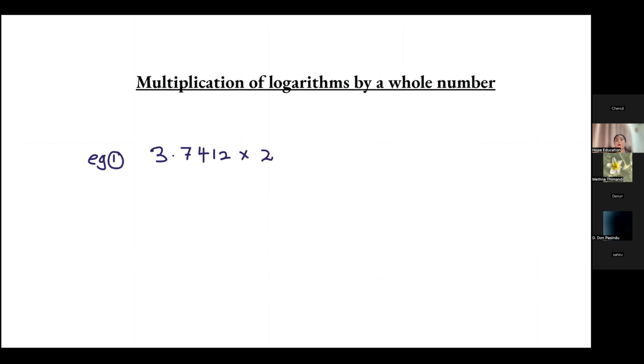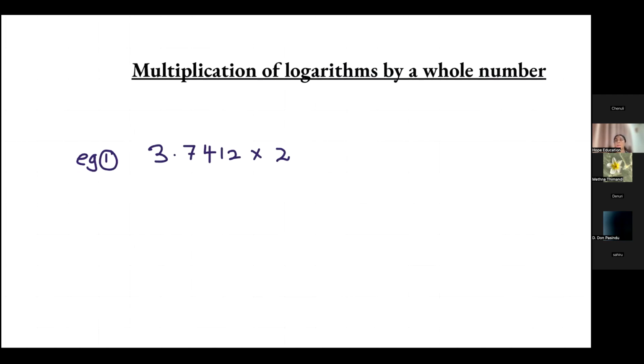If you take 3.7412, it's not a normal number. It's a logarithmic number. The 3 part is the characteristic. Then 0.7412 is the mantissa, as we know, because this is a logarithmic number we are talking about.